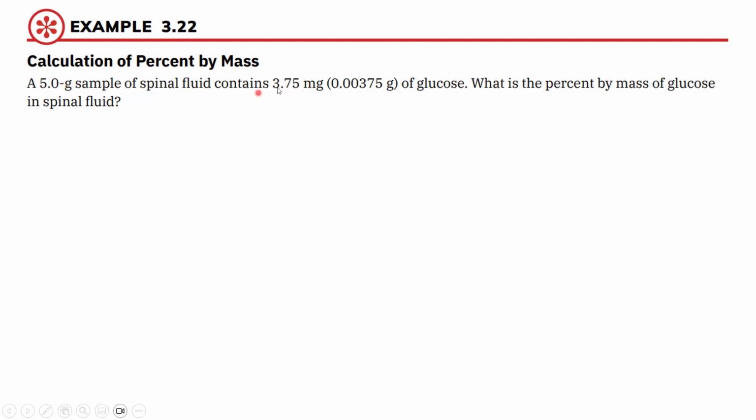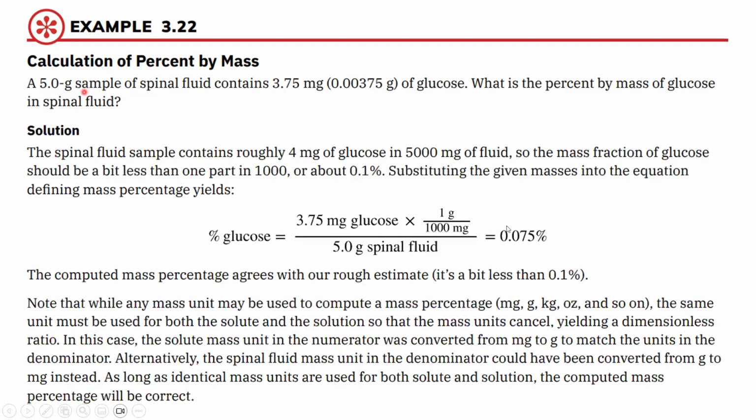In that case, we wouldn't have the units match up, so they wouldn't cancel. But in this case, we'll just have 0.00375 grams divided by 5 grams, and then multiply by 100 to make it a percentage. So in this case, it's showing the conversion from milligrams to grams, just in case we weren't given that value. But what that's going to give us then is a 0.075% glucose solution.